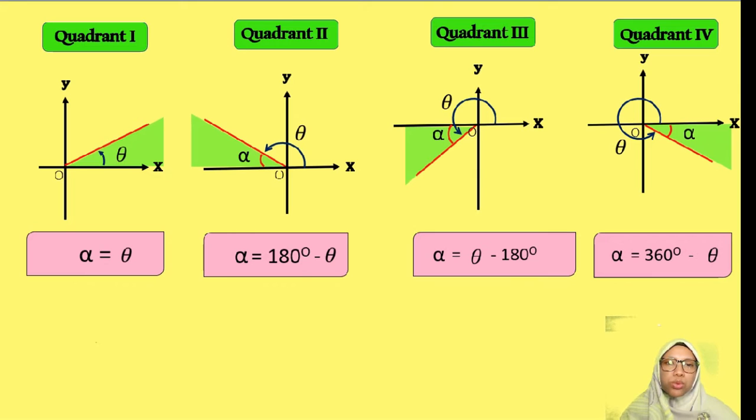In quadrant 2, the corresponding reference angle is equal to 180 degree minus theta. To know this, we must know the position of alpha. In quadrant 3, corresponding reference angle is equal to theta minus 180 degree. And in quadrant 4, corresponding reference angle is equal to 360 degree minus theta.